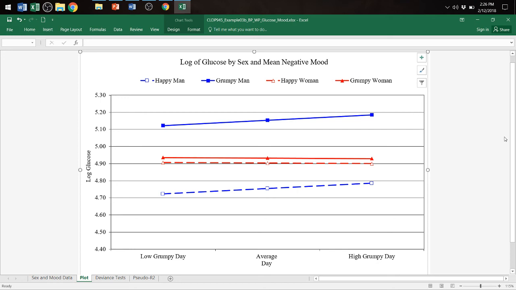Now some of these lines are parallel, right? What don't we have in the model that would make all 4 of the lines have different slopes? Another slope, yes, specifically what don't we have? Interaction, I heard it. A 3-way interaction between within, between, and gender would make the gender difference in the within or between effects contingent on what kind of person you are or what kind of day you're having, respectively.